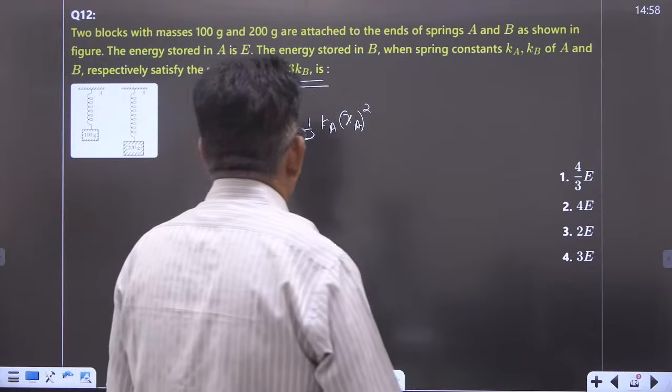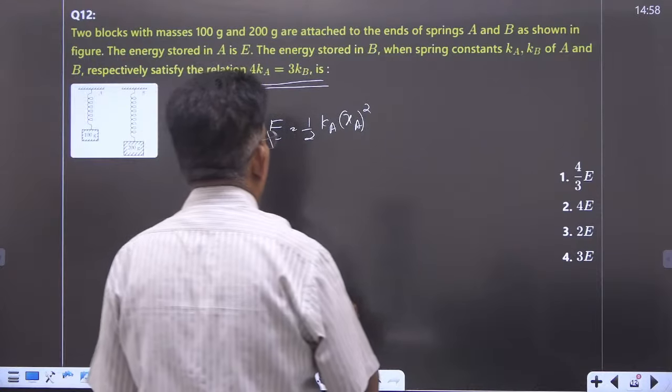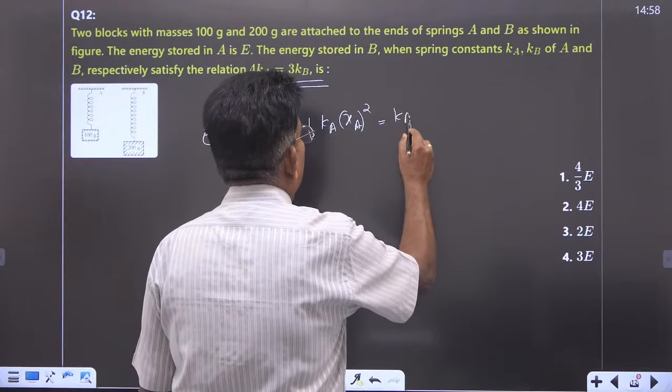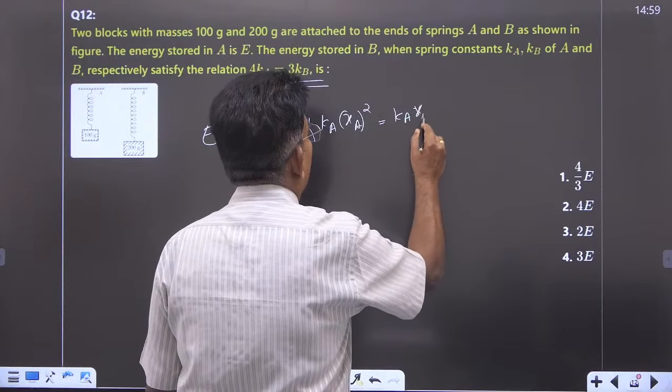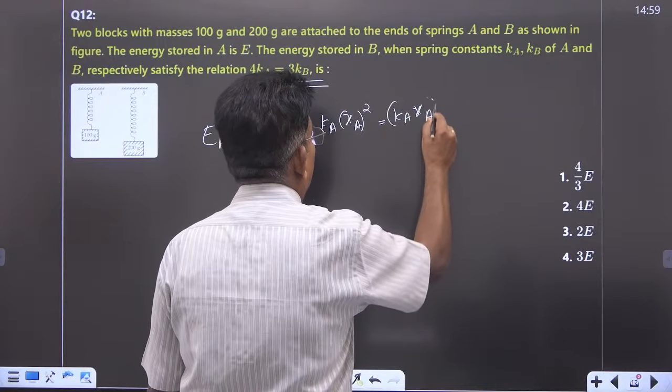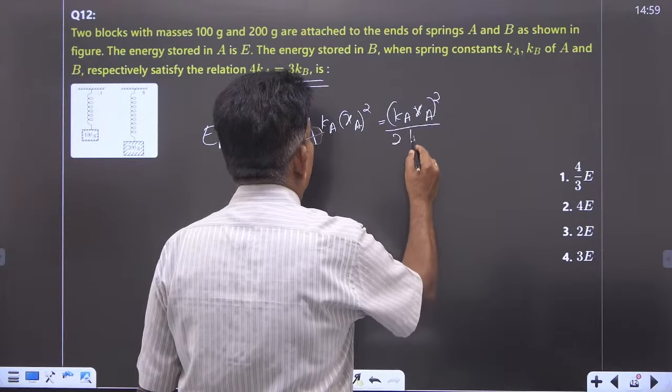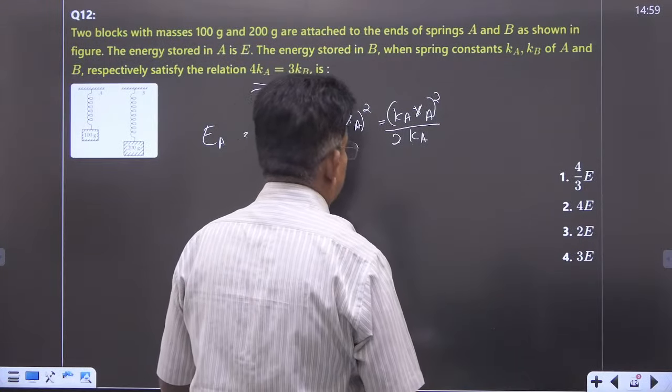But I'll tell you one easy method. Look, it is Ka into Xa whole square divided by 2 Ka. Am I correct?